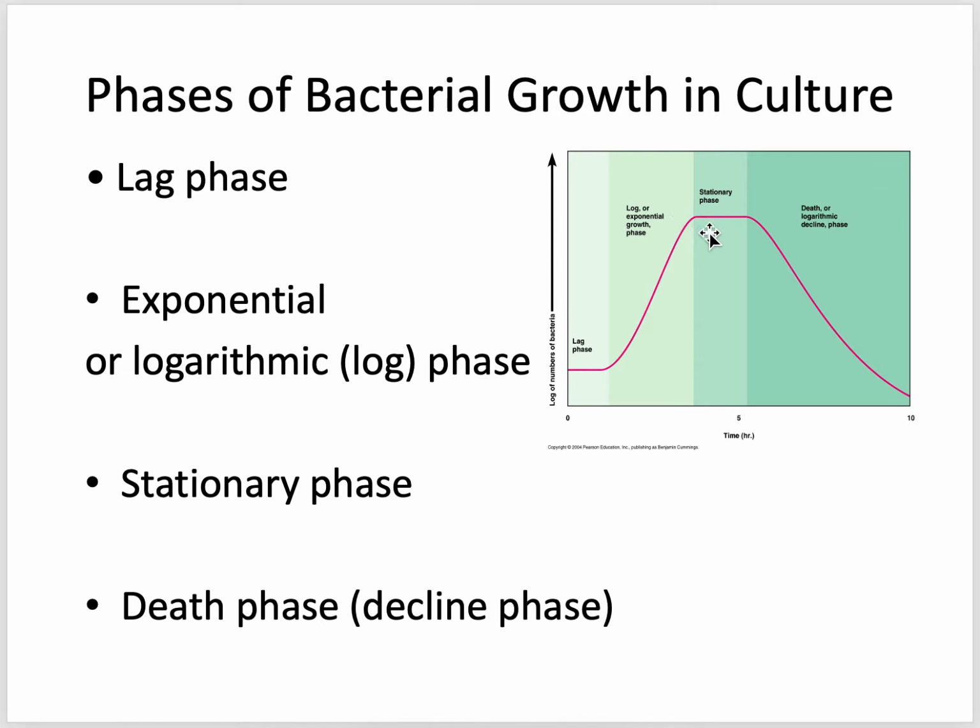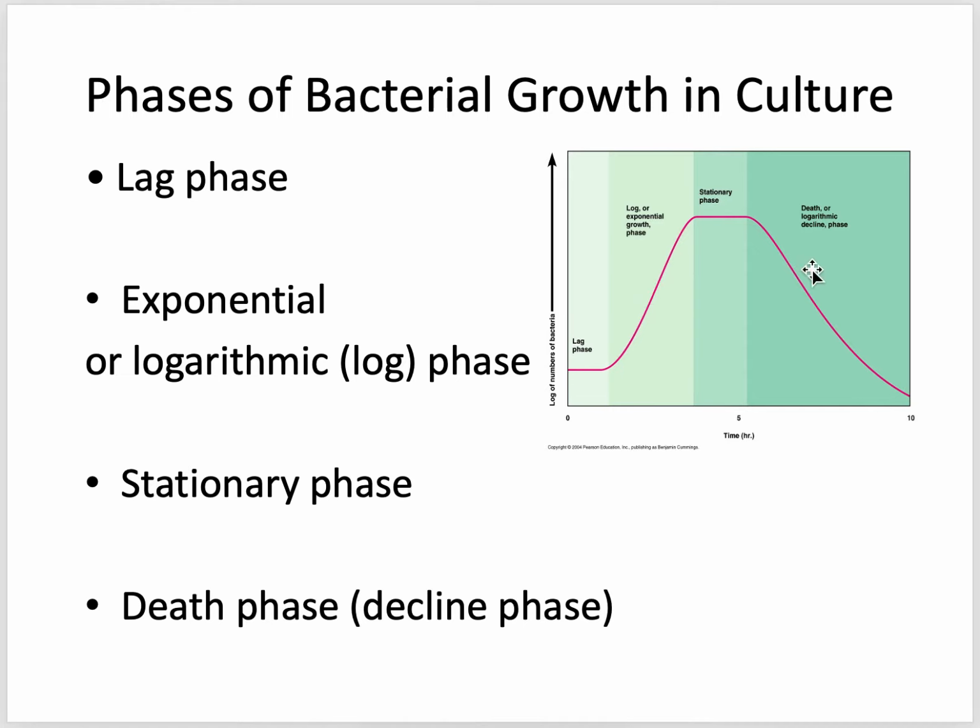This phase is called the stationary phase, and then the number of bacterial cells will begin to decline. This is called the death phase or logarithmic decline phase. So these are the phases of the bacterial growth curve: lag phase, log phase, stationary phase, and death phase.